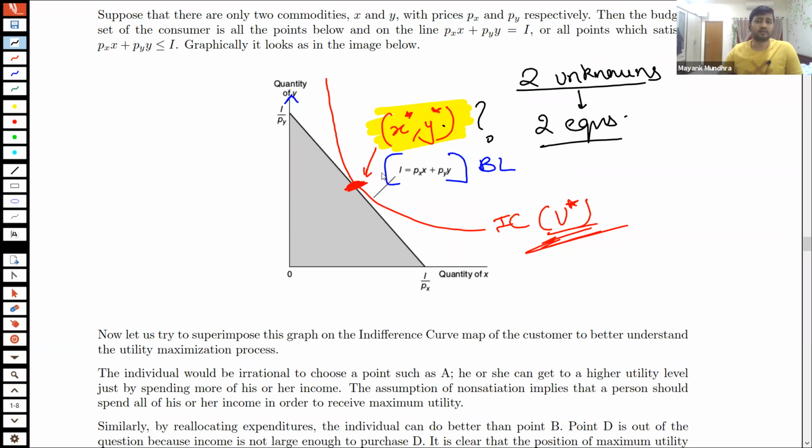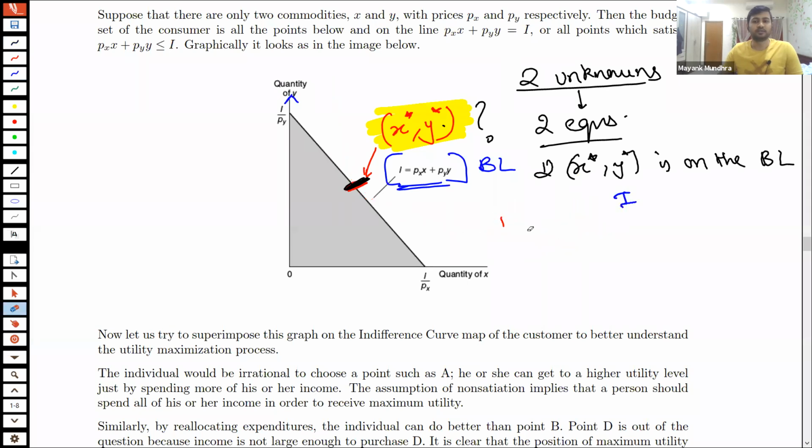The first equation comes from the fact that the point X star comma Y star is on the budget line, which means X star Y star should satisfy this equation. Let me remove this thing. Which means that I should be equal to Px times X star plus Py times Y star.